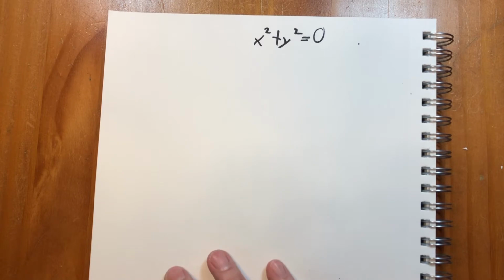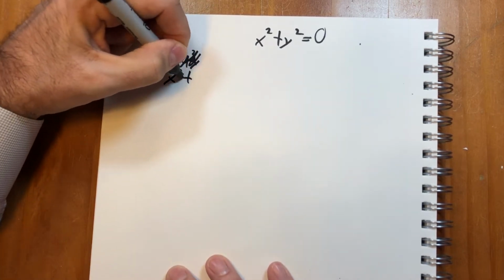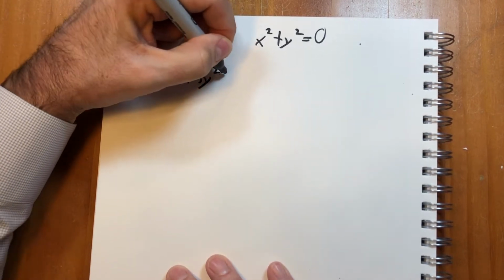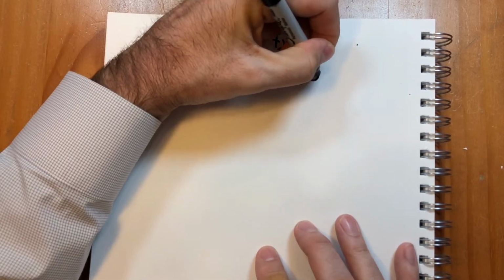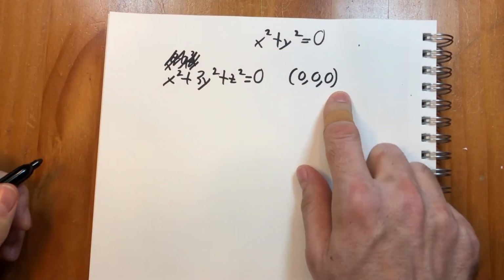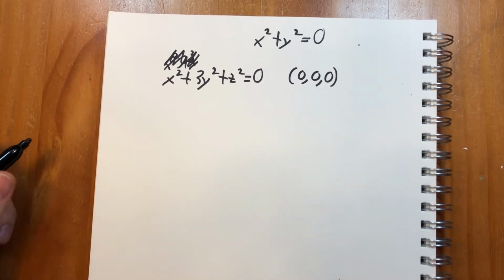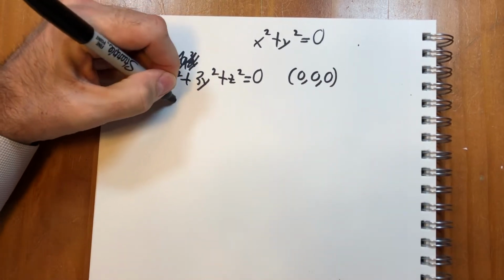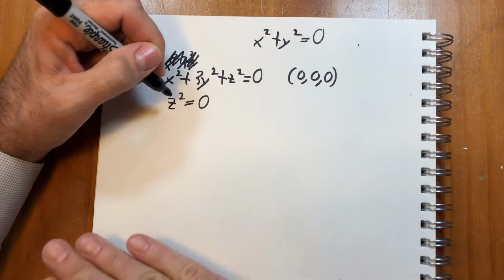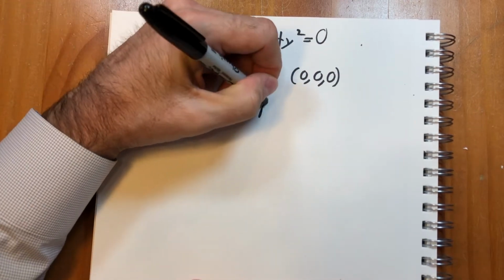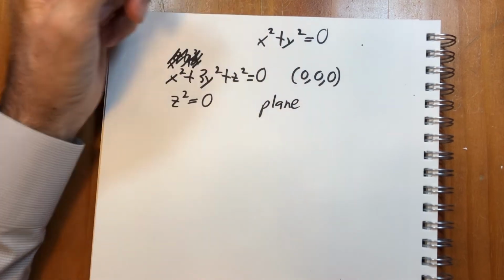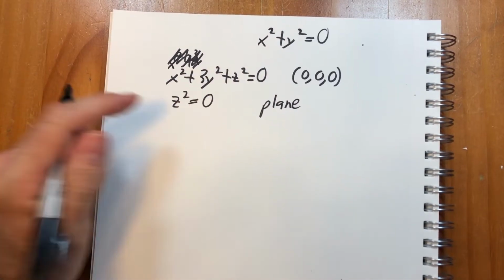So let's just look at some of those. If we have x squared plus 3y squared plus z squared equals 0, then only 0, 0, 0 satisfies this equation. So it's a single point. If we have z squared equals 0, then the only thing that satisfies this is the single plane at z equals 0. So it's basically the xy plane that is the only thing that satisfies that.